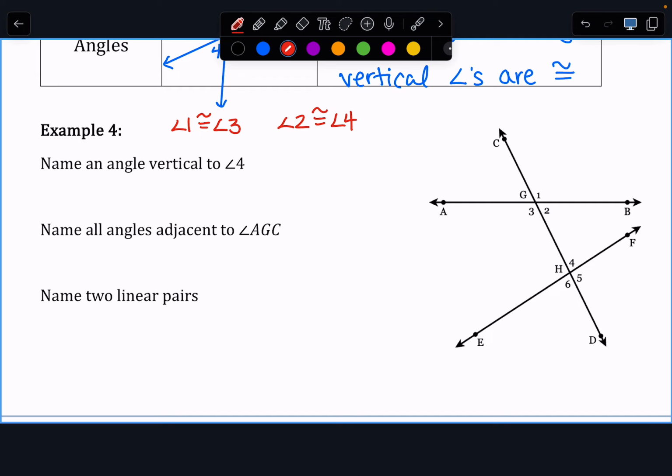Wait, would the answer be? Name all angles adjacent to angle 4.